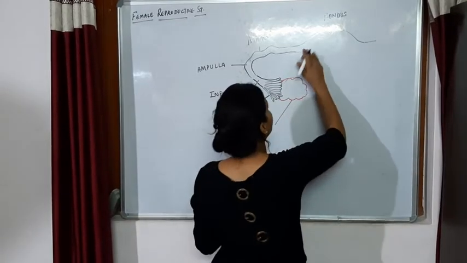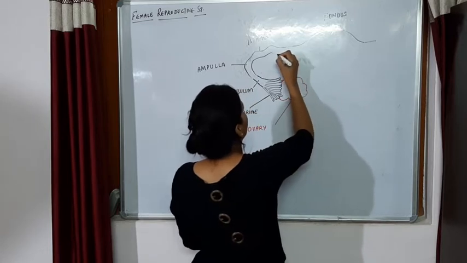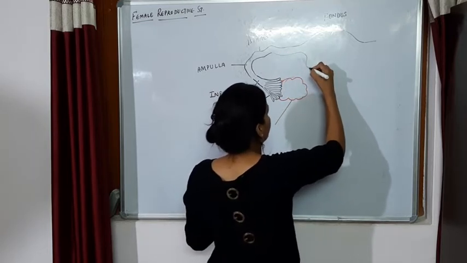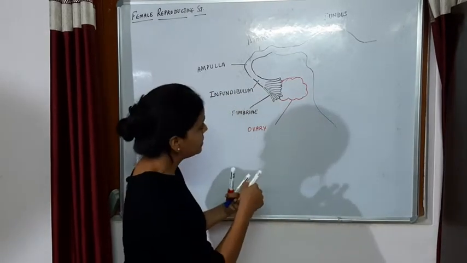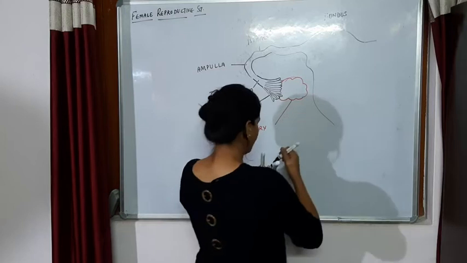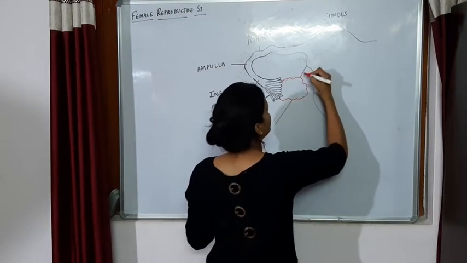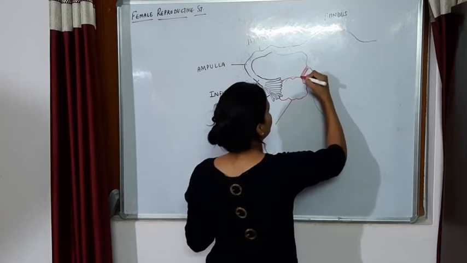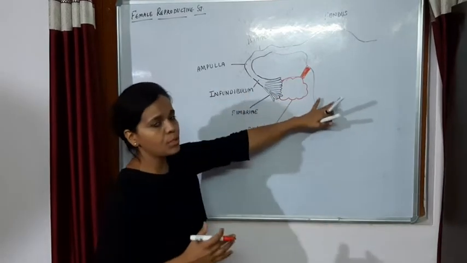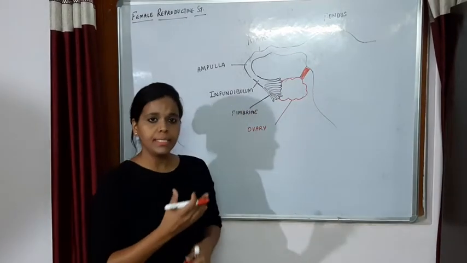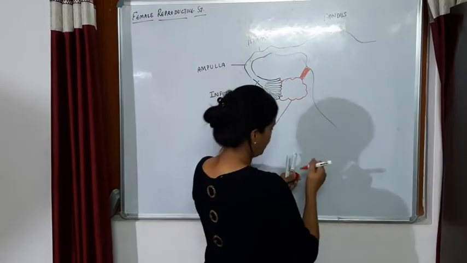Now from here we will start with the uterus part. This ovary is attached to the uterus by the ovarian ligament, and to the pelvic side by the mesentery we discussed. And this is the uterus.